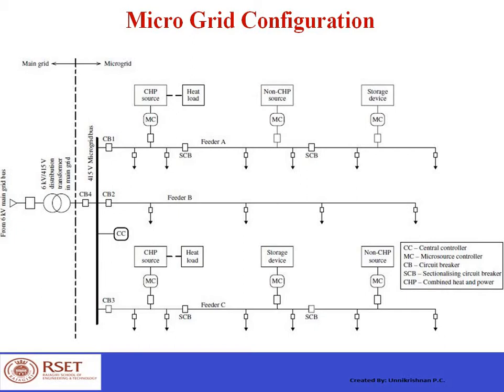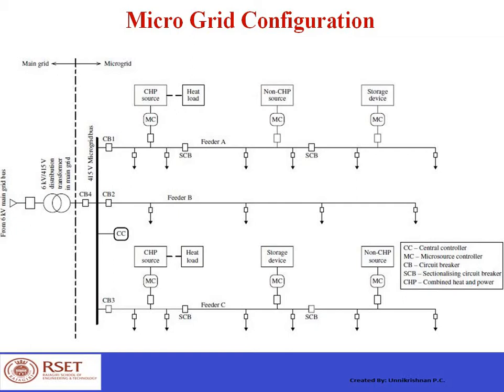Now in feeder A, you will see a CHP source, a non-CHP source, and a storage device. So there are 2 sources and 1 storage device, and on each one of them you can see an MC, which is a micro source controller.